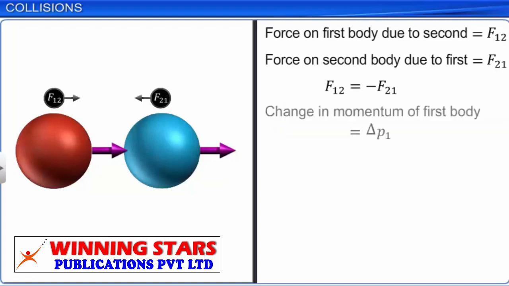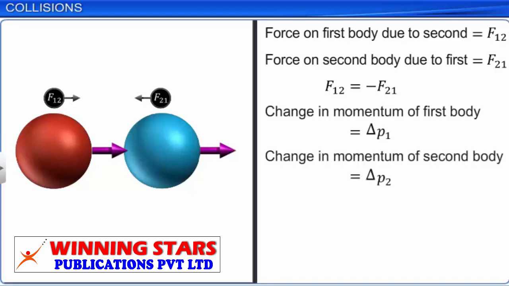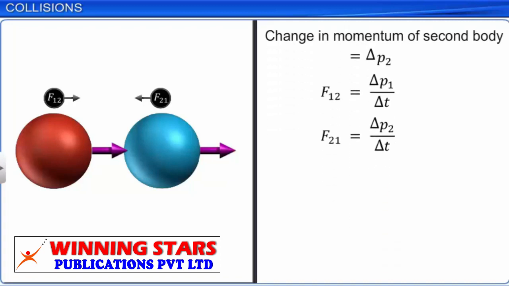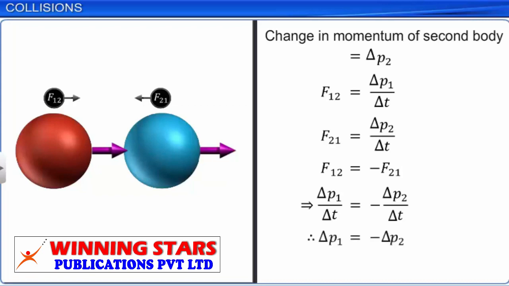From Newton's second law of motion, if delta P1 and delta P2 are changes in momenta of the first and second bodies respectively, then force F12 will be equal to delta P1 by delta T, and force F21 will be equal to delta P2 by delta T. Since F12 is equal to minus F21, this implies that delta P1 by delta T is equal to minus delta P2 by delta T. Therefore, delta P1 is equal to minus delta P2, or delta P1 plus delta P2 is equal to 0.